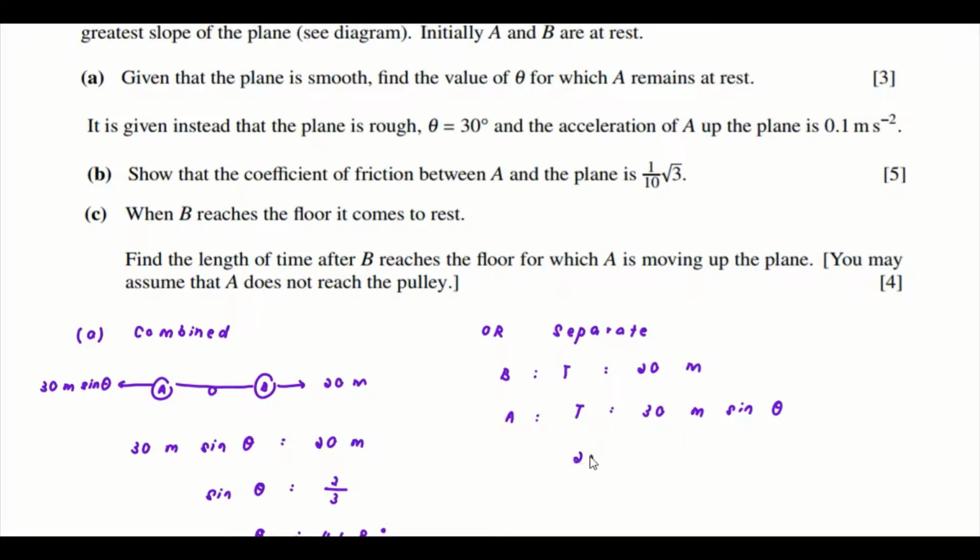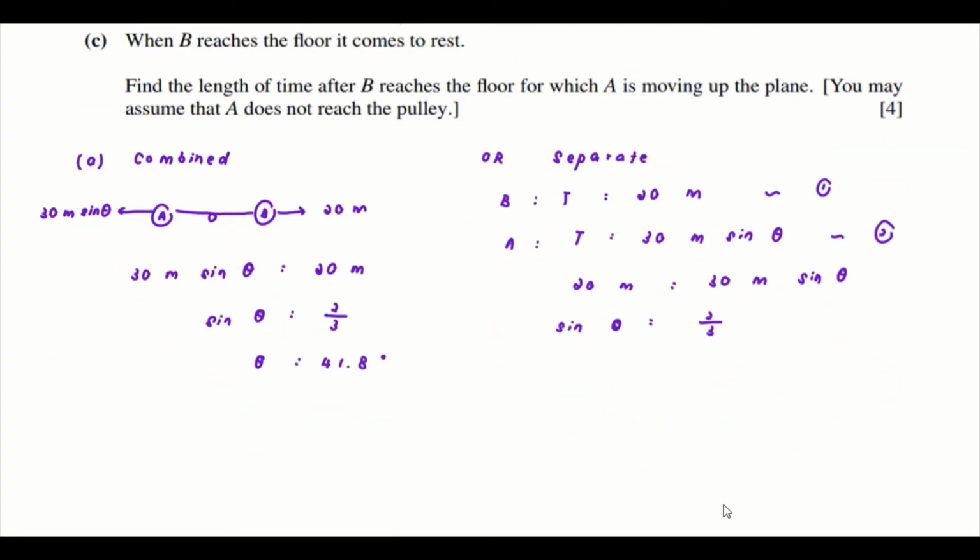When we equate them together, it's basically the same thing as what we get from the combined system. So sine theta is 2/3 also, and theta is 41.8. So both answers can be accepted, depending on which one you like to use.